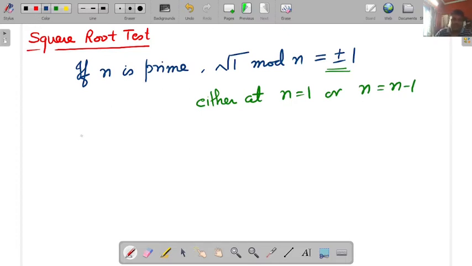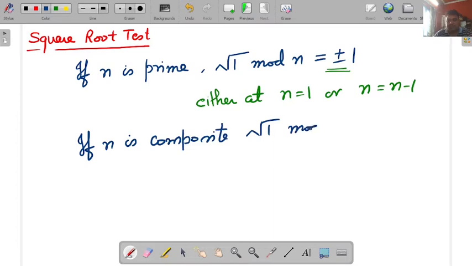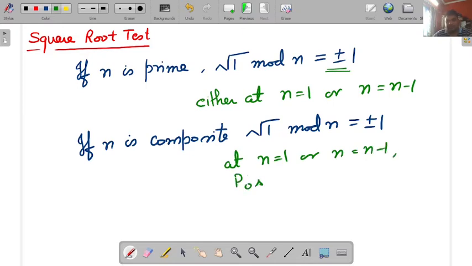Now the next scenario: if n is composite, then square root of 1 mod n is equal to plus minus 1 at n is equal to 1 or n is equal to n minus 1, and possibly at other values. What this means is: if you are getting 1 at n is equal to 1 and n is equal to n minus 1, then it is a prime.